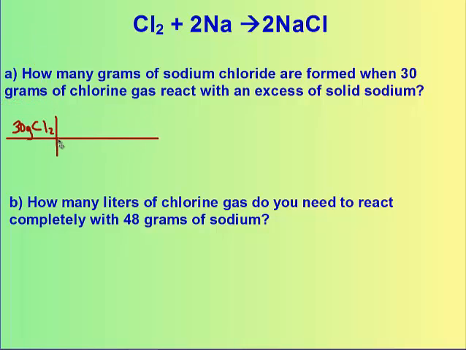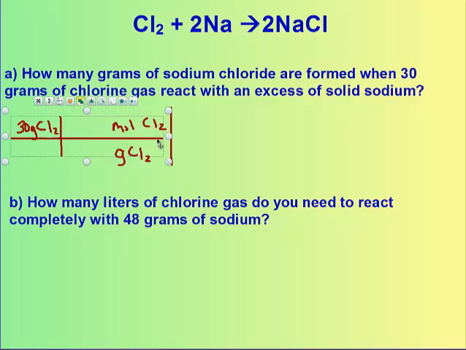So we started with 30 grams of chlorine, which means we need grams of chlorine on the bottom, and we're going to convert that to moles of chlorine. First step, convert what they give you to moles. And this time I'm going to go ahead and set up all of my equation, and then I can go back and add to that.